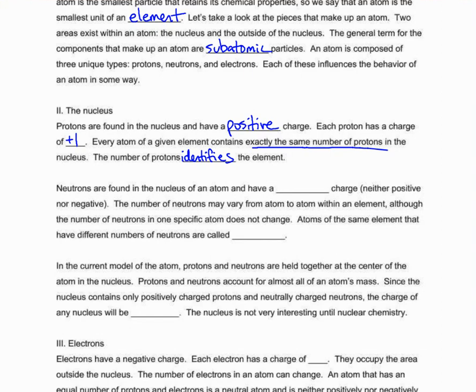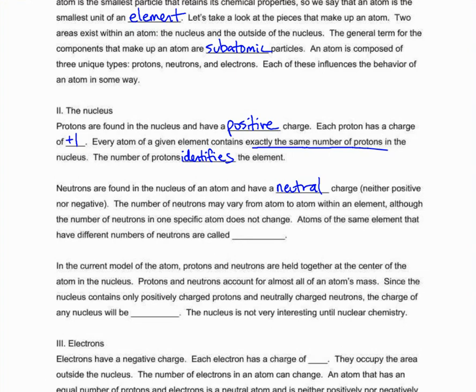Neutrons are also found in the nucleus of the atom, and they have a neutral charge, neither positive nor negative. The number of neutrons may actually vary from atom to atom within the same element, although the number of neutrons for one specific atom is not going to change.